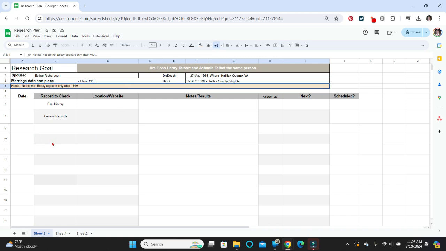Now, here's where I'm going to sit down and make this plan for him. The first plan that I always start with when it comes to name changes is oral history. Now, hear me out, guys. I know this is the part that's really hard, because a lot of times we are the oldest generation and we don't have that oral history anymore.